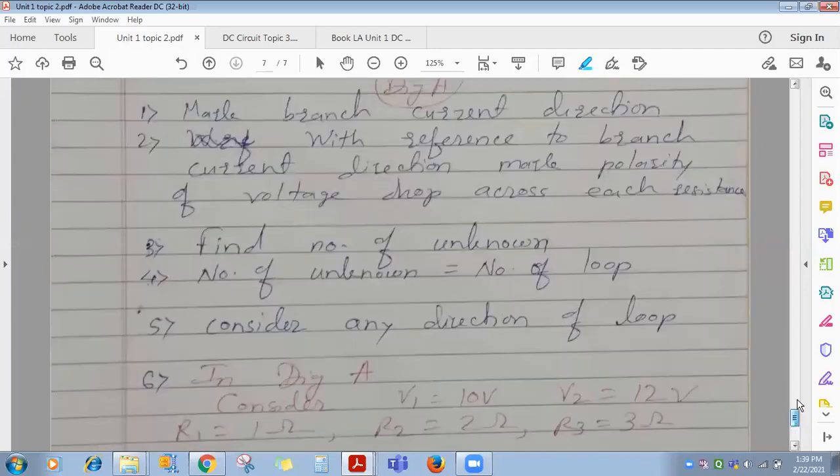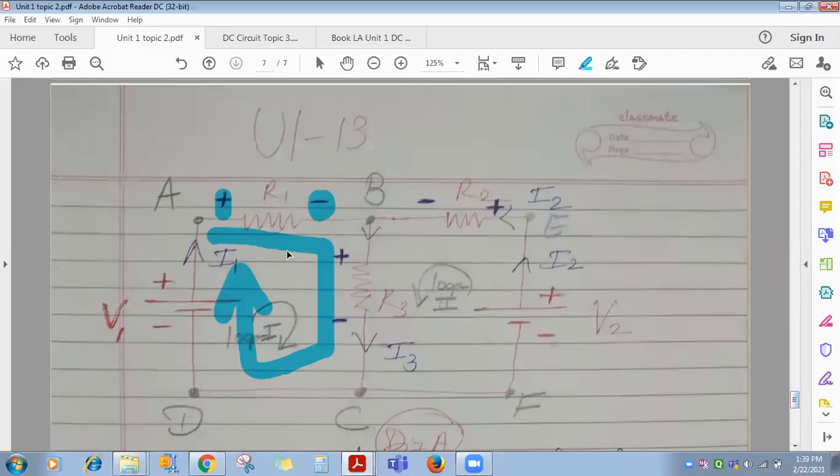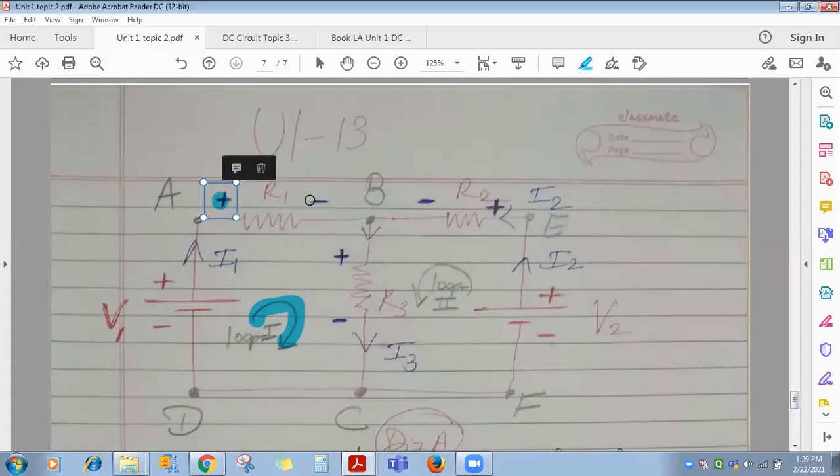So see, for loop 1, again I'll repeat. Here I have represented the direction as clockwise. Whenever you move clockwise, for I1 R1 you are moving from higher to lower. That's why minus I1 R1 minus I3 R3, because you are moving from higher to lower.